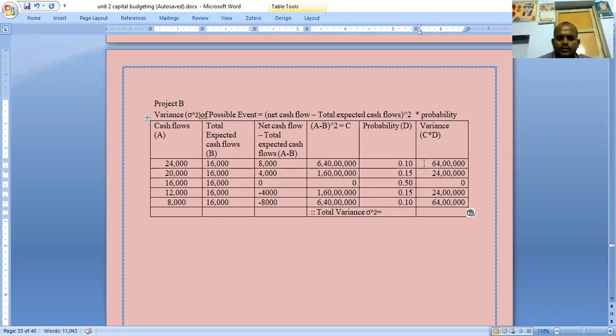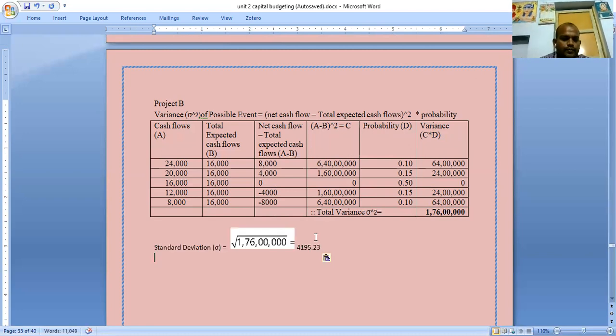So total is 1 crore 76 lakhs, total variance sigma square. So the standard deviation is root of 1 crore 76 lakhs. So it comes around 4,195.